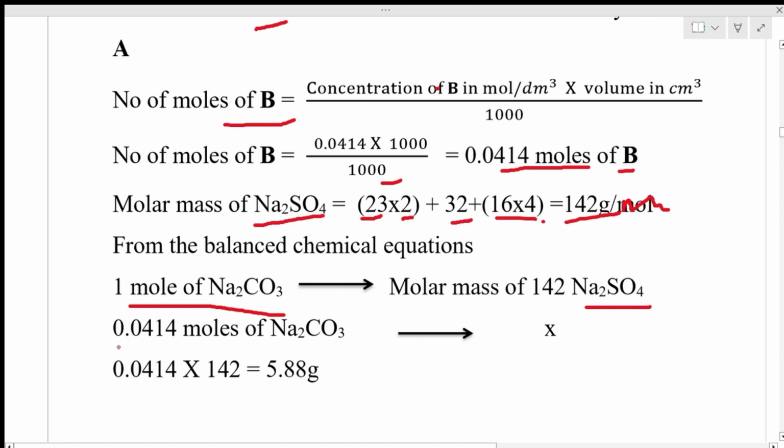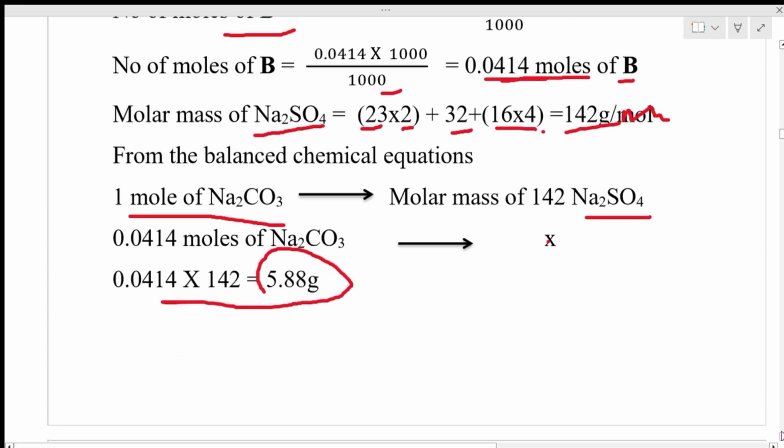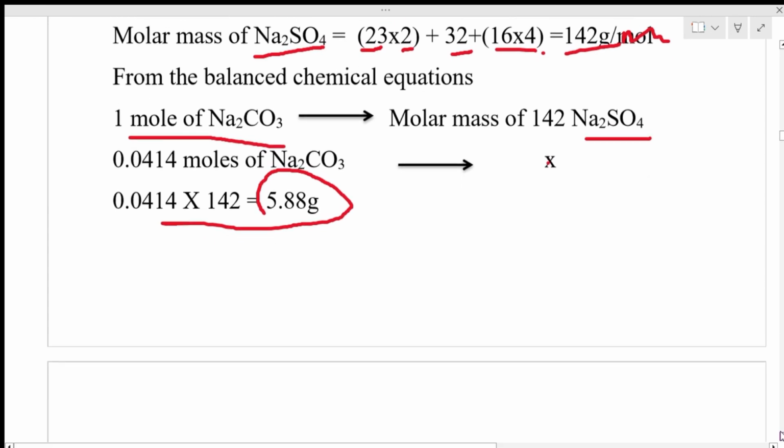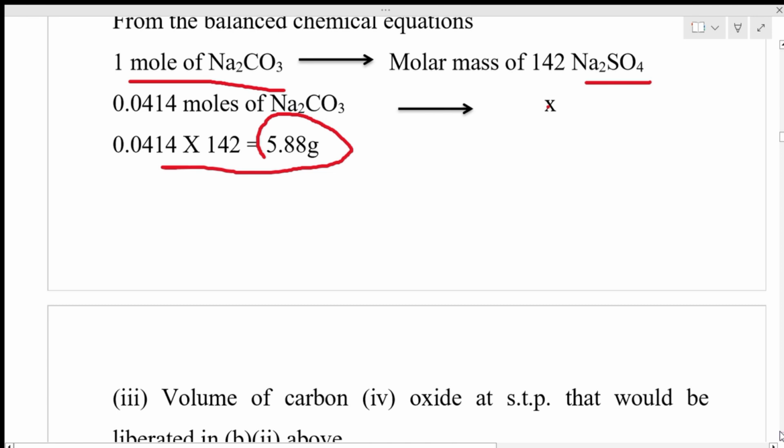Now 0.0414 moles equals X. When we multiply it, we have 5.88 grams. That's our answer, 5.88 grams.